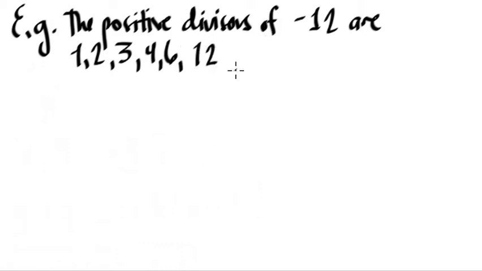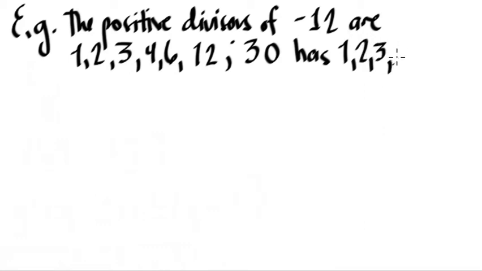Whereas 30 has 1, 2, 3, 5, 6, 10, 15, and 30 itself. That's quite a lot.